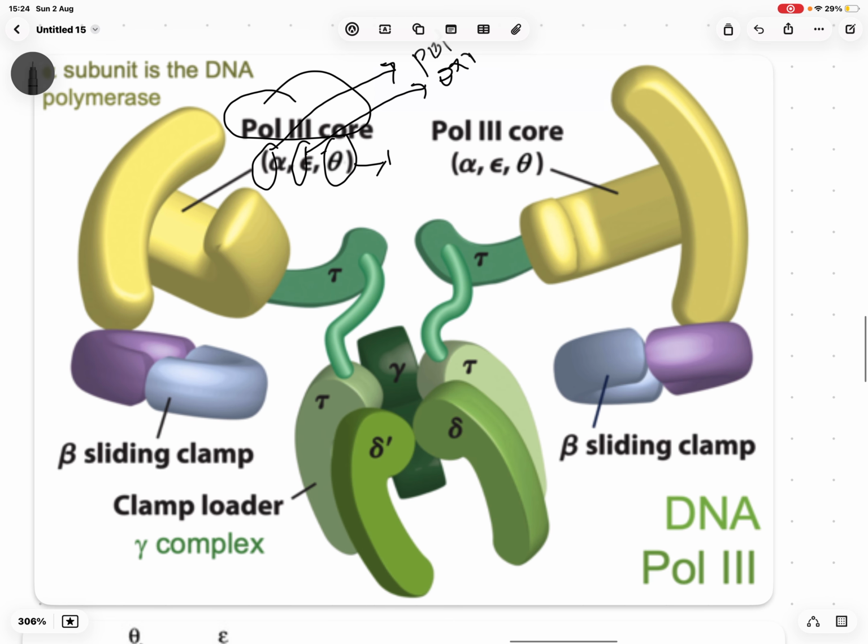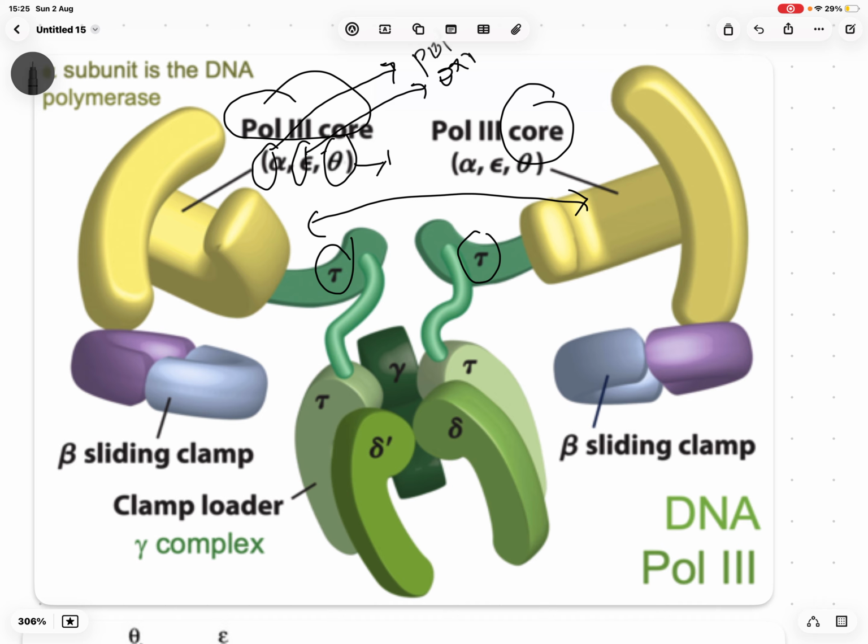These three subunits together form the core region of this polymerase enzyme. So when we look into the holoenzyme, this is the core region only, formed by three subunits: alpha, epsilon and theta. When we look into the other subunits of polymerase 3, tau proteins are there, and these tau proteins are very important. They keep the two polymerases together so that each polymerase can synthesize the respective DNA strands, because the DNA contains two strands.